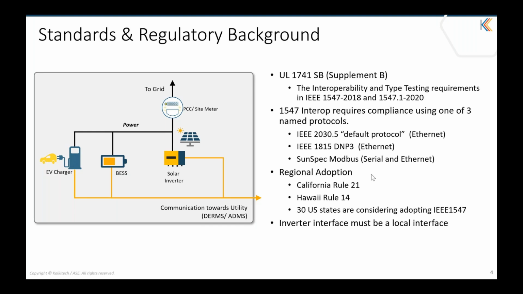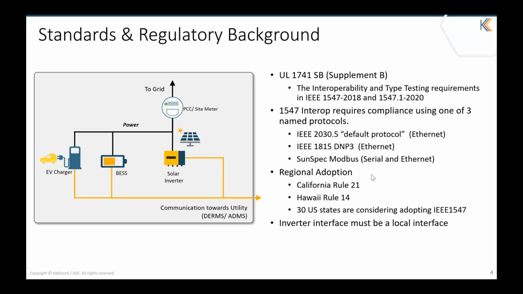In addition to that, there are a lot of regulatory standards as well. For example, California's Rule 21, released by the California Public Utilities Commission, CPUC, mandates that communication should be IEEE 2030.5.